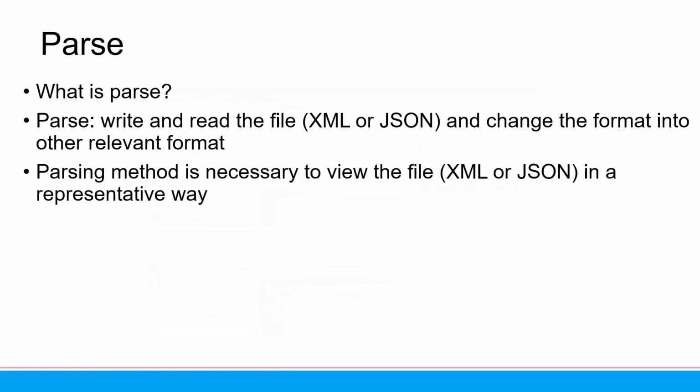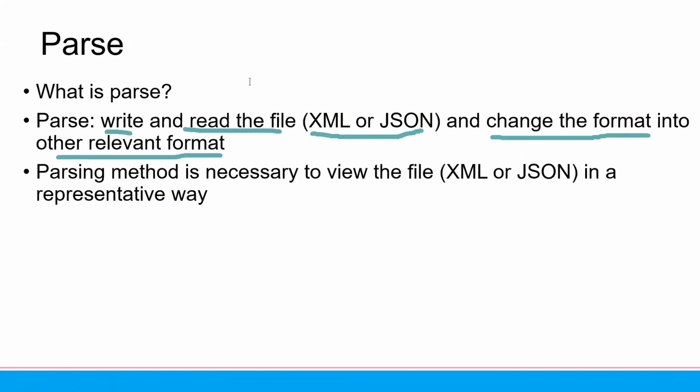We need to understand the meaning of parsing. What is the meaning of parsing? Parsing means writing and reading the file. In this case, I'm using XML or JSON and changing the format into another relevant format.